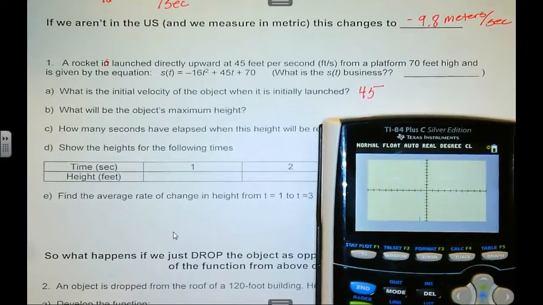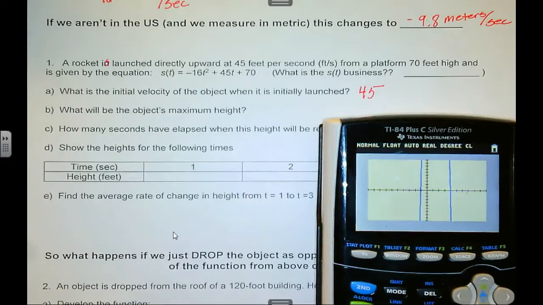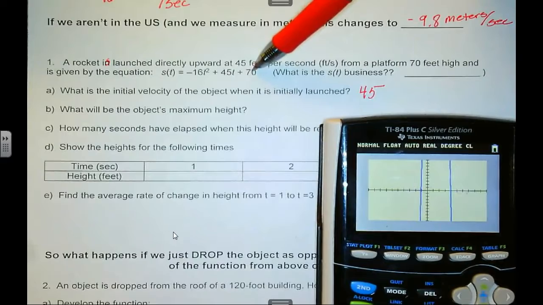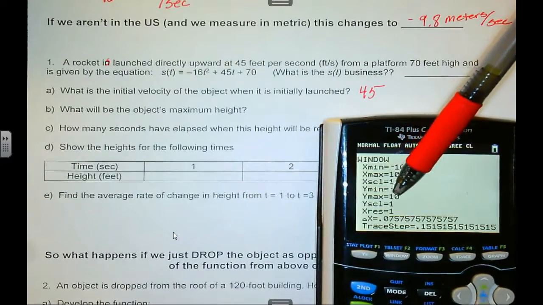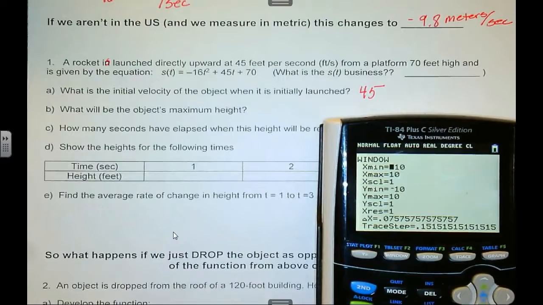Hit your graph key, and lo and behold, I get some weird picture. So now, you're going to have to do some thinking on these problems to get this parabola, to get these points. We're at an initial height of 70. If you go to your window key here, it says my y max is 10 units.